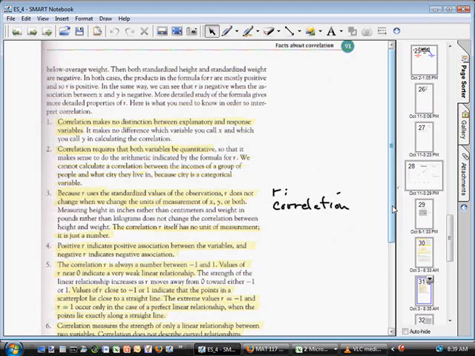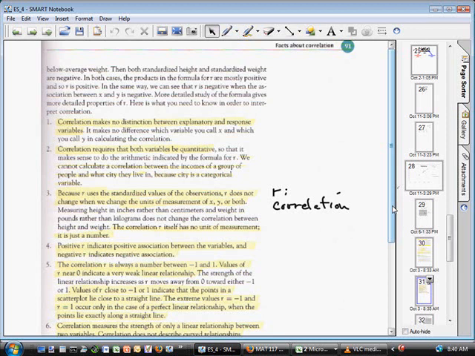So if you were doing lengths of bones like we did earlier, the length of a bunch of humeruses and a bunch of femurs, and at first our data was in centimeters, we'd get a correlation, and we could change all of them into inches and we'd get exactly the same result. Why? Because we're standardizing them. This is kind of cool.